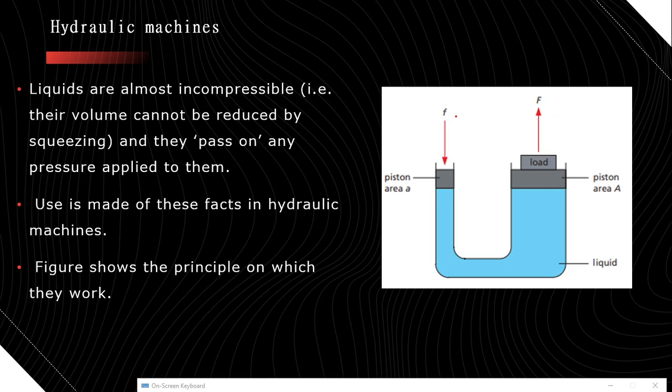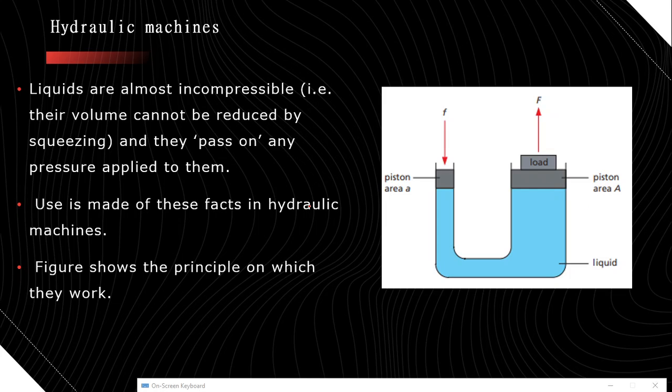Let's say we're applying force on this side, and then I want to apply some lesser force on this side. The pressure is going to remain the same, as the liquid is incompressible and it's going to transfer the complete pressure, but the force on this side, the load, is going to be lesser because the area is greater.